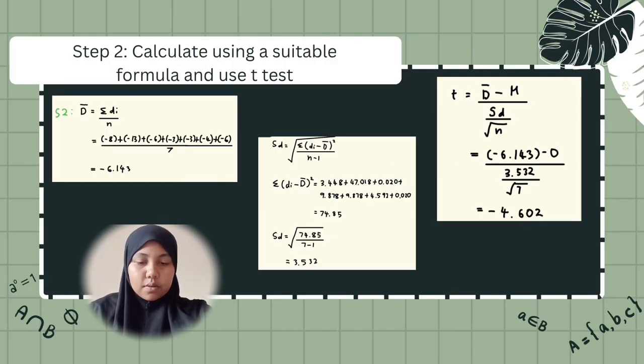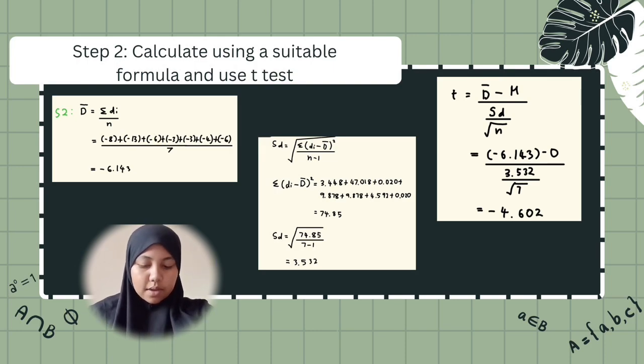Second step, we will use a formula of D-bar equal to sum of D divided by N. So I got my answer, which is 6.143. Next, we use a formula of SD equal to the square root of the sum of D minus D-bar to the power of 2, divided by N minus 1.